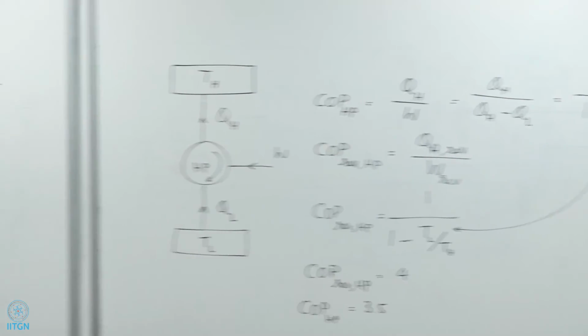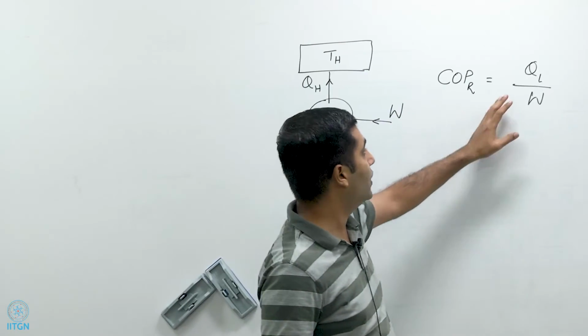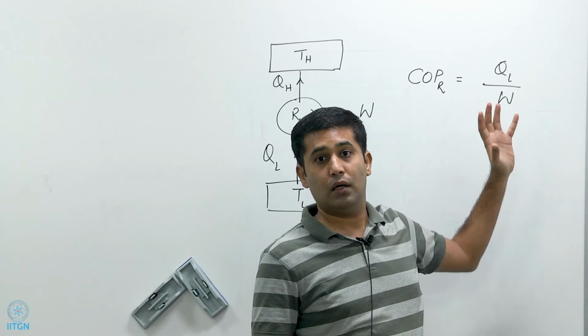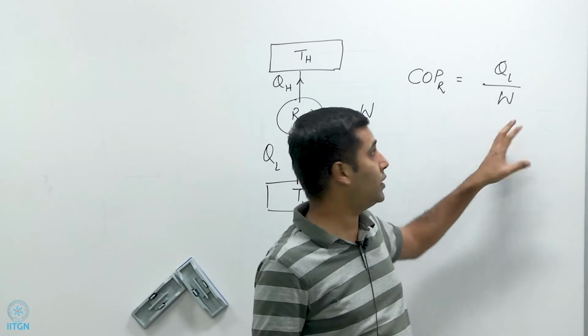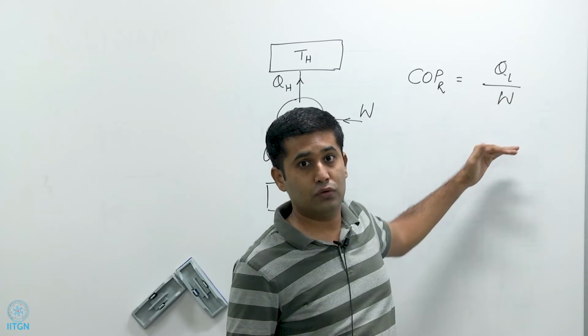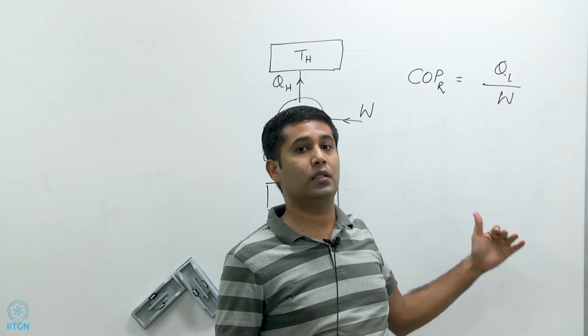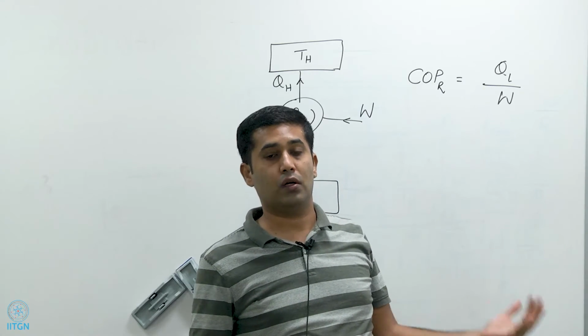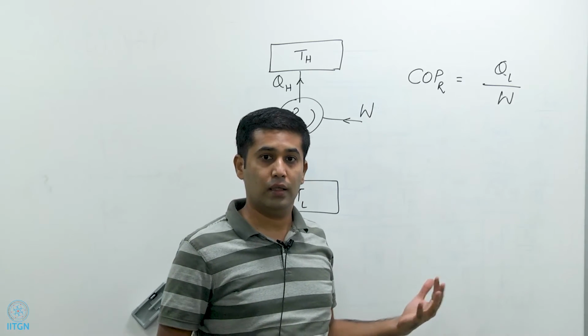So this is the definition. This is always valid, right? So whether or not we have a reversible refrigerator or an irreversible or a real refrigerator, this definition always stands, okay? What we are trying to do now is to derive an expression in terms of temperatures for a reversible refrigerator, right? Which is obviously not applicable to a real refrigerator.